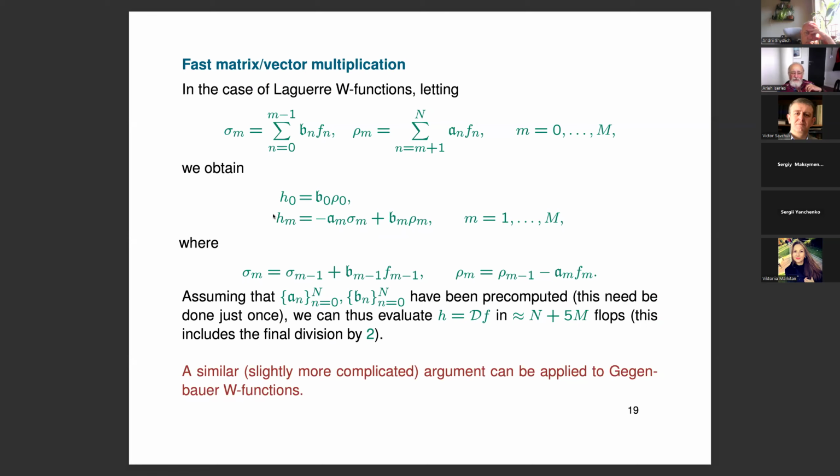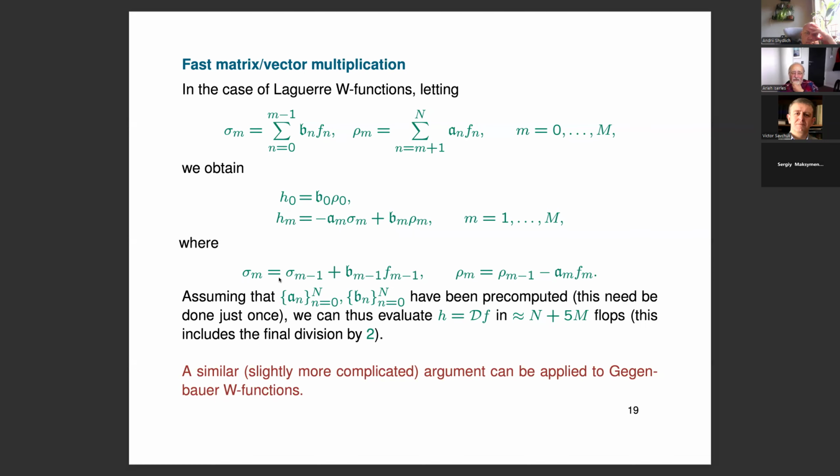Note that, for example, sigma_{m+1} is sigma_m plus b_m f_m. So we can form these vectors in order n operations. And now we compute h_0 is b_0 or 0, h_m is this, and this gives us the outcome of the computation of D times the vector f.